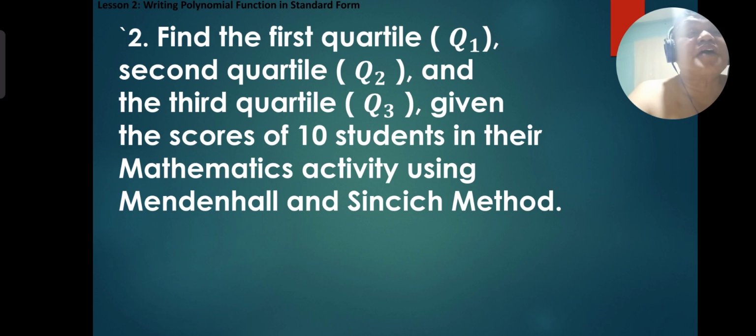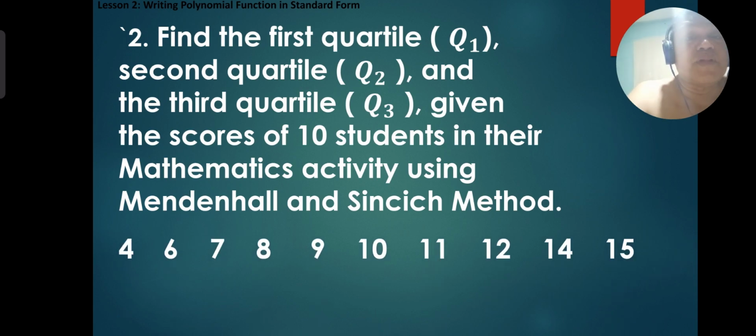Find the first quartile, the second quartile, and the third quartile, Q sub 3, given the scores of 10 students in their mathematics activity using the Mendenhall and Sincich method: 4, 6, 7, 8, 9, 10, 11, 12, 13, 12, 14, 15.